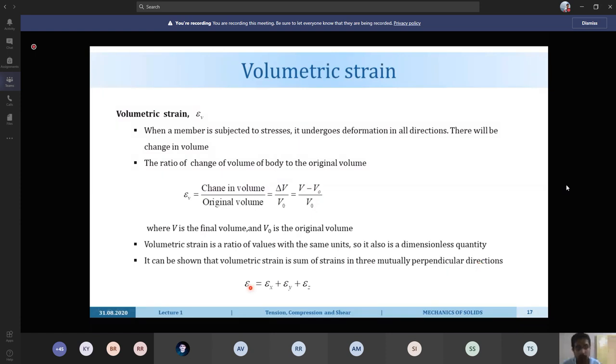For example, the total volumetric strain will be the strain in the x direction, plus the strain in the y direction, plus the strain in the z direction. Again, for this to be true, we have to follow the property assumptions which we have taken initially: homogeneous, isotropic. Elastic is not required, but homogeneous and isotropic.